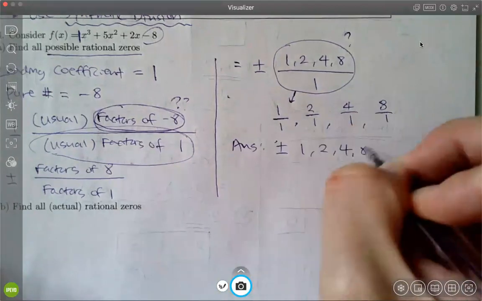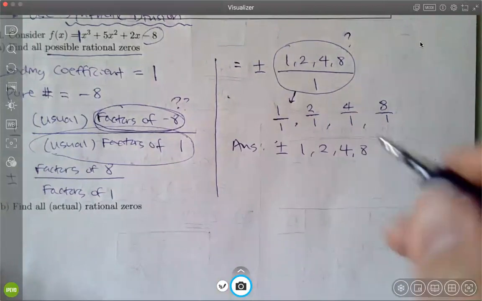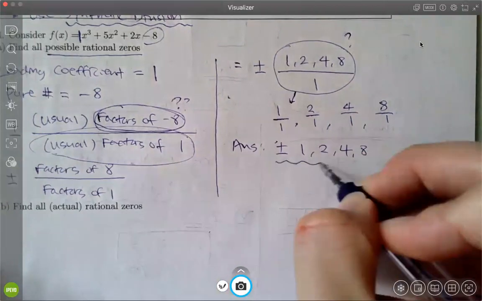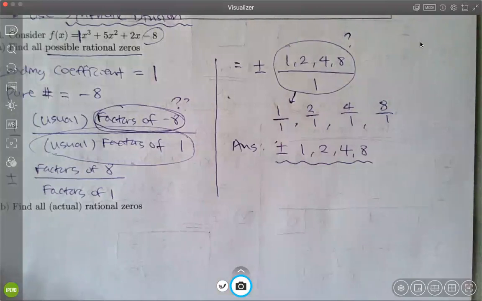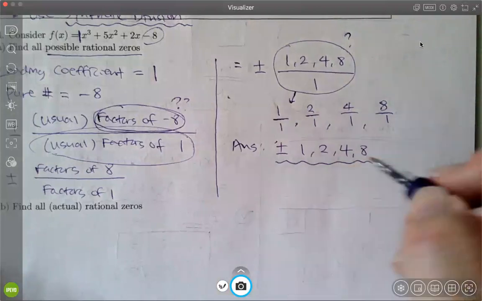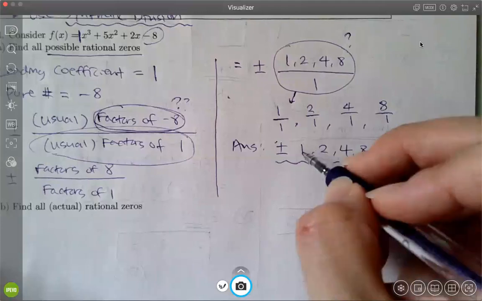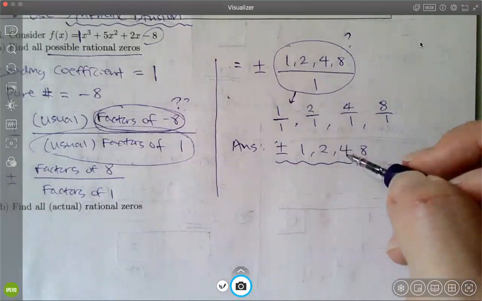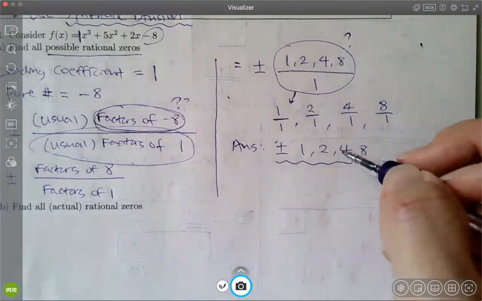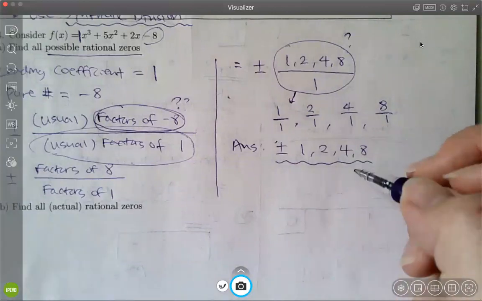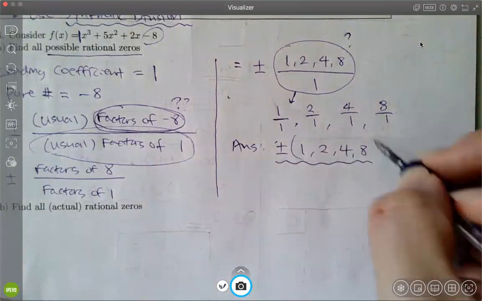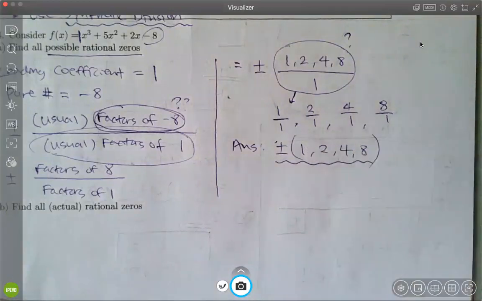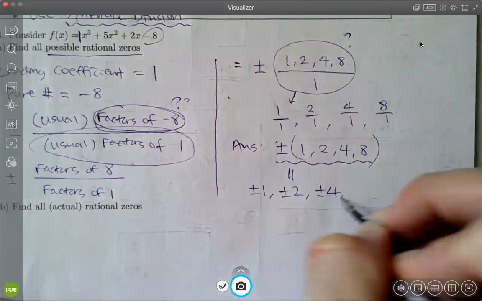Okay, now the way that this is written is kind of misleading because this kind of looks like what? Plus minus 1, okay, so that's two values, right? 1 and -1. And then 2, 4, 8. Now, is that what this one says? No. It's actually this one, right? Okay, so what does it mean? Plus minus 1, plus minus 2, plus minus 4, and plus minus 8.